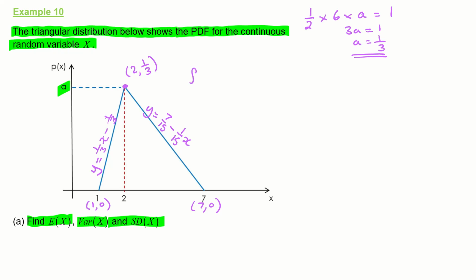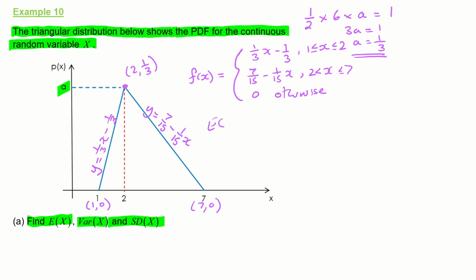And so we have f of x is 1/3 x take away 1/3, which works for x between 1 and 2, 7/15 take away 1/15 x, which is for values of x between 2 and 7, and 0 otherwise.